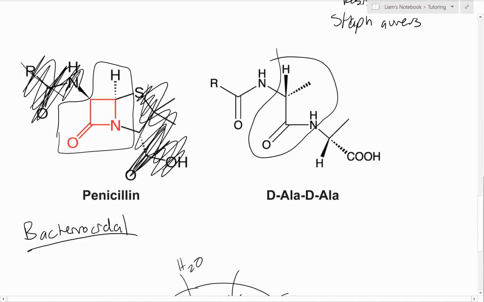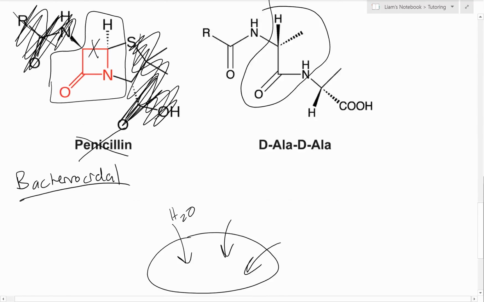And unlike the transpeptidase, the beta-lactamase can cleave that ring and snap it right in half. And once the ring is cut, that penicillin's out of the game. You can't come back or anything like that. It's now gone, out of use.